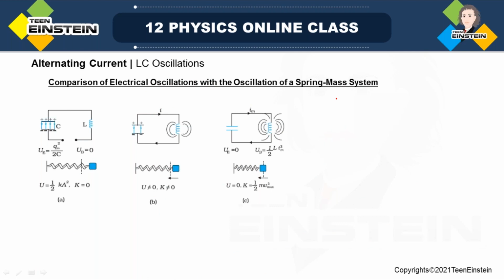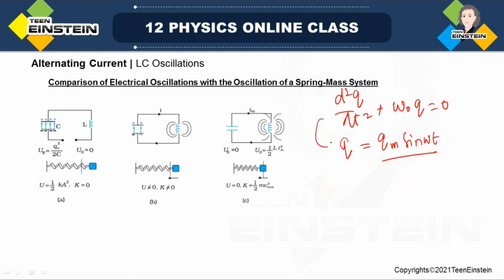If I take the solution for this equation, d²q/dt² plus omega₀² q equals 0, suppose the solution is q equals q_m sine omega t, with phase angle 0. Then charge is oscillating as a sine curve.